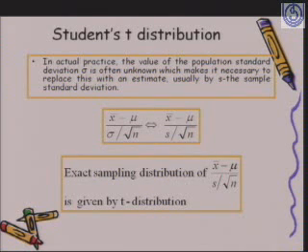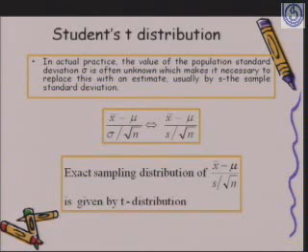And what was the estimate of sigma square? The estimate was s square. So in place of sigma, we are using s, which can be derived from the sample. So the exact sampling distribution of (x bar minus mu) divided by s upon under root n is given by a t distribution.